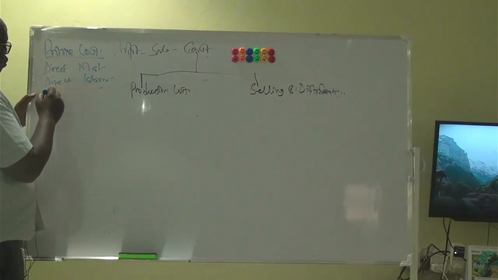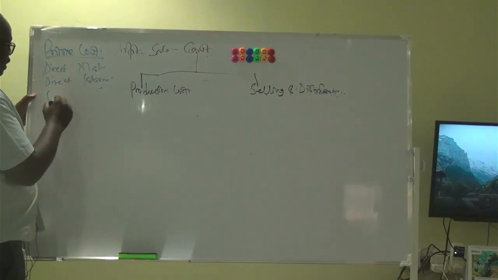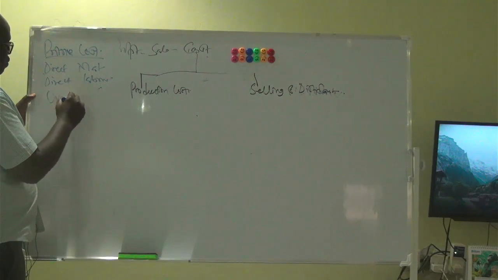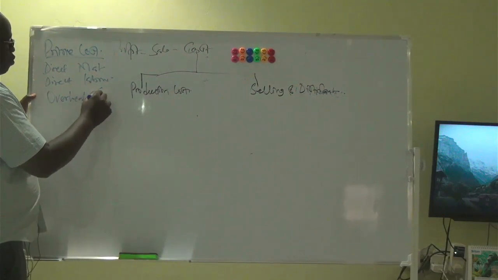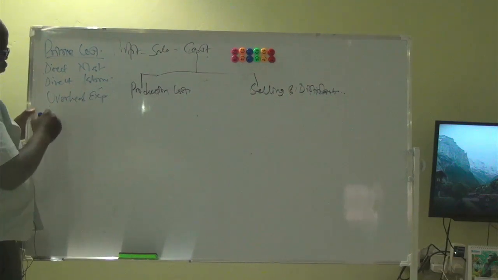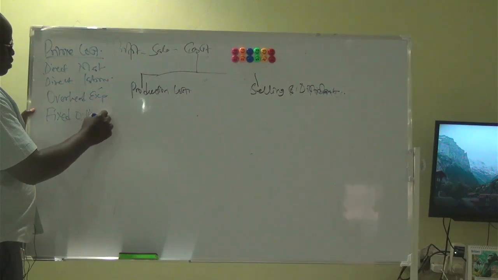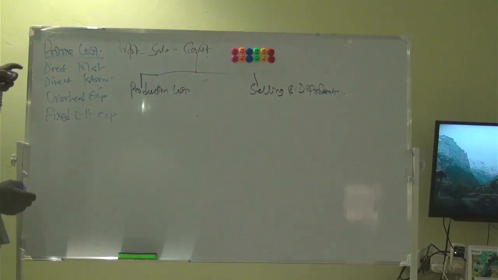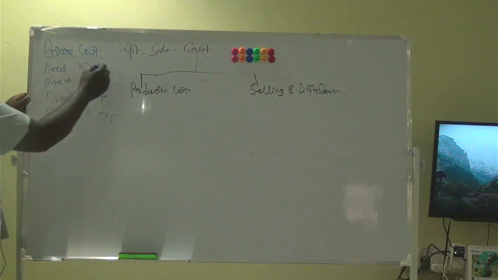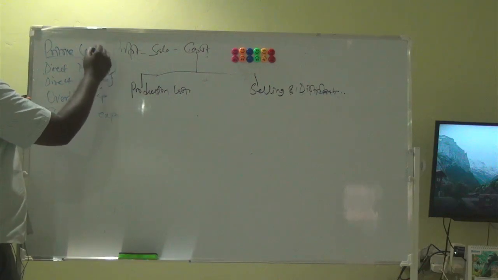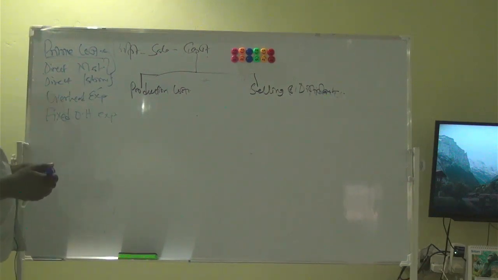Then after the prime cost, we had overhead expenses, then we had the fixed overhead expenses. So we had direct material, direct labor, we have overhead. Of course, these ones are the ones that give us the prime cost. Then we have overhead expenses and fixed overhead expenses.